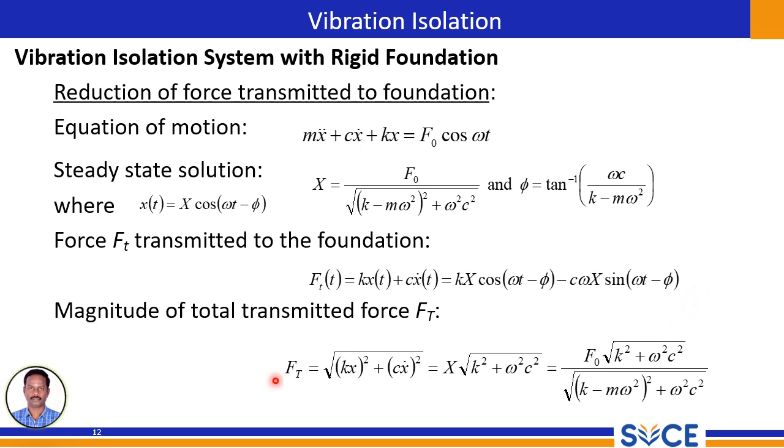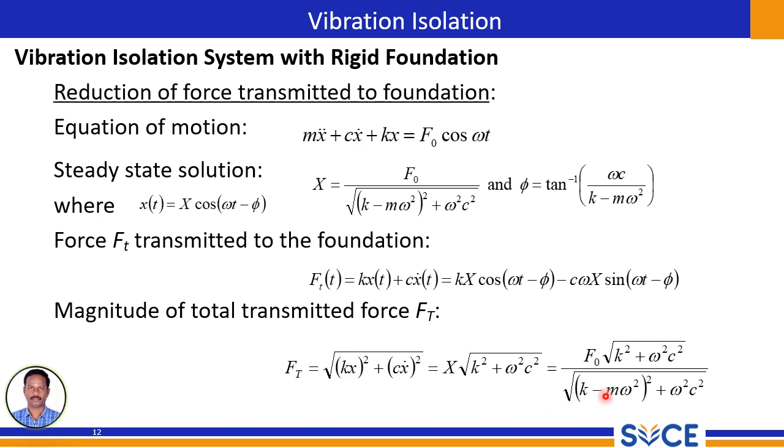Finally, the magnitude of the total transmitted force F_t equals the square root of [k x] squared plus [c x dot] squared, which can be further simplified to x times the square root of k squared plus omega squared c squared.